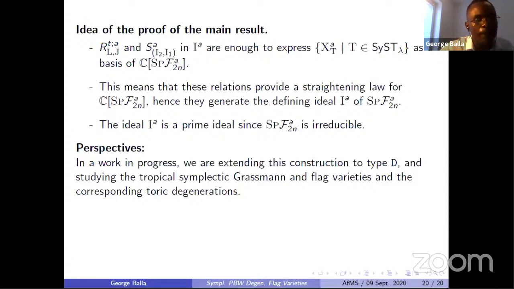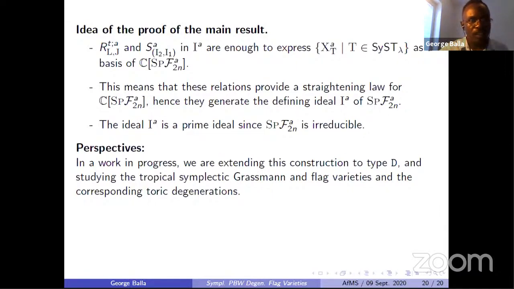At the same time, we are studying the tropical symplectic Grassmann and flag varieties and the corresponding toric degenerations. Because when someone has the ideal defining a variety, it is natural to look at such objects, for example the tropical variety and toric degenerations of such varieties. So that's the next step we are taking.